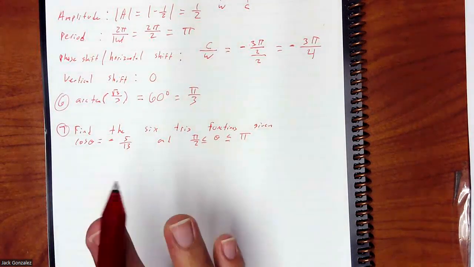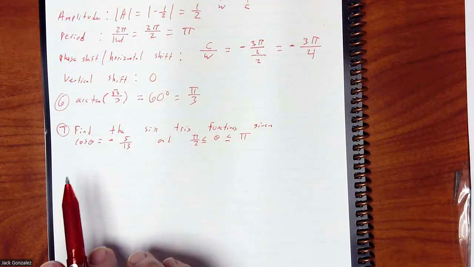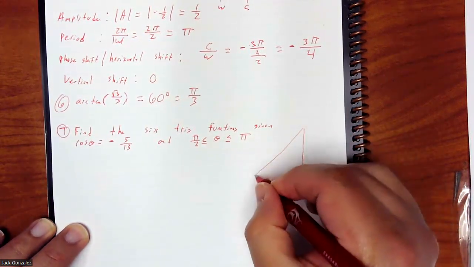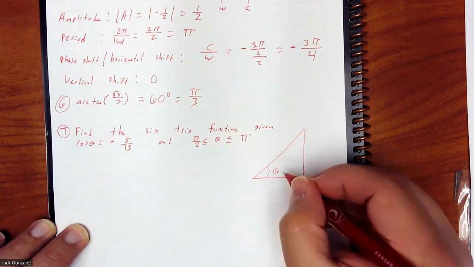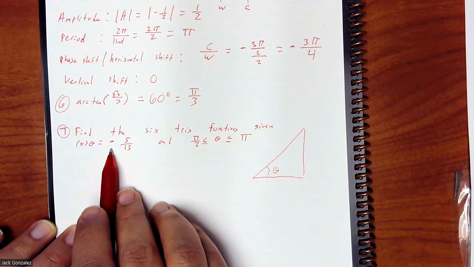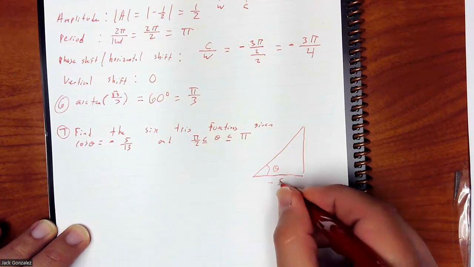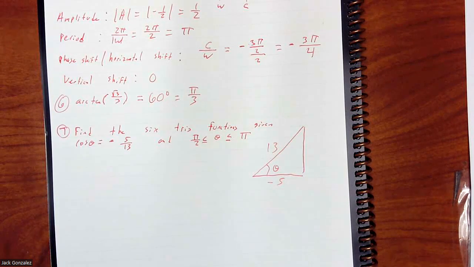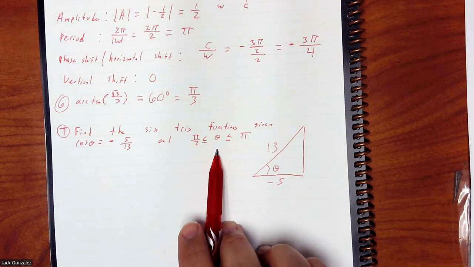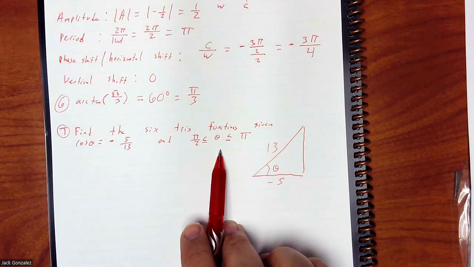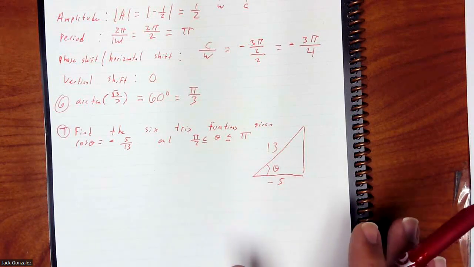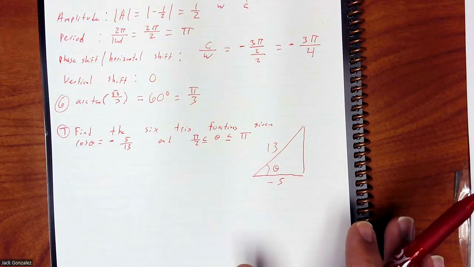You could have also used the formulas if you wanted to. And then just find the 6 trig functions. So I'm going to put my triangle over here. Cosine is defined as adjacent over hypotenuse. Since we are in quadrant 2, right, then sine has to be positive. So when we solve for sine, for the y part, it should be positive.